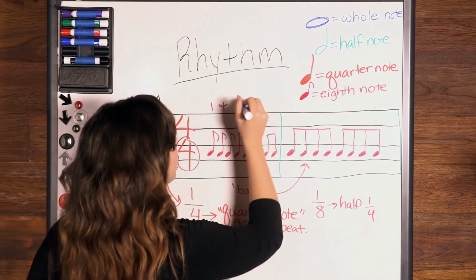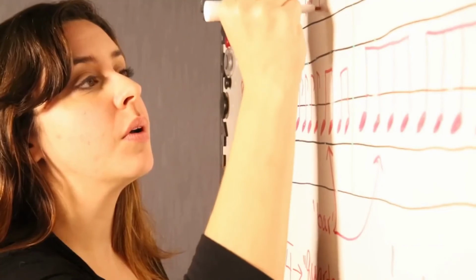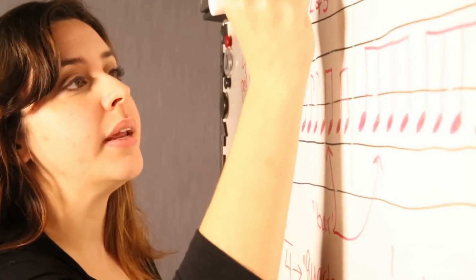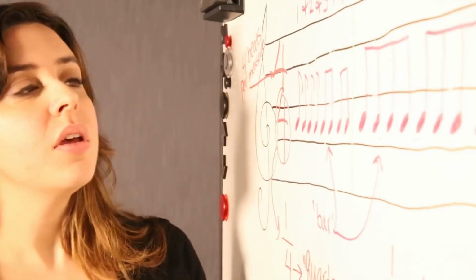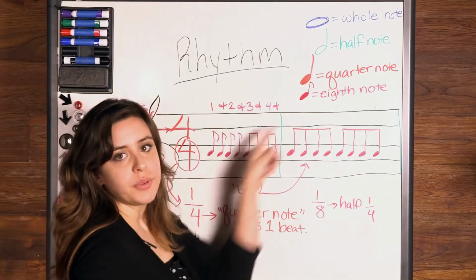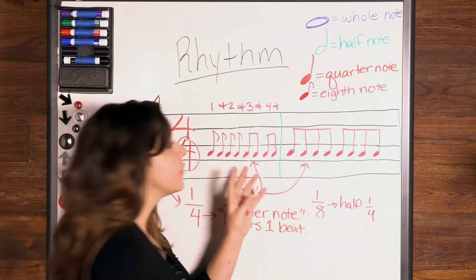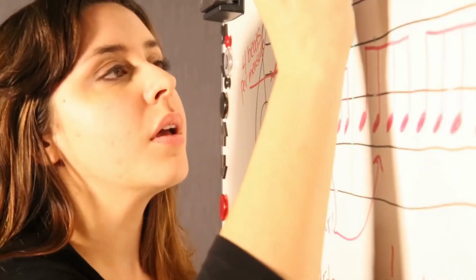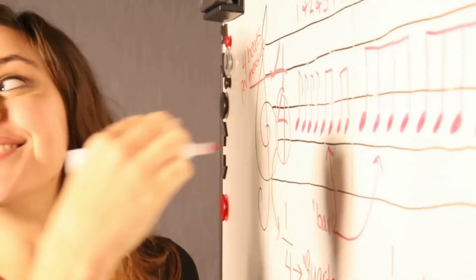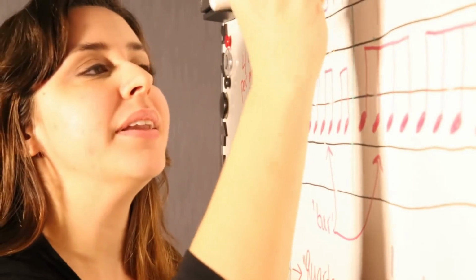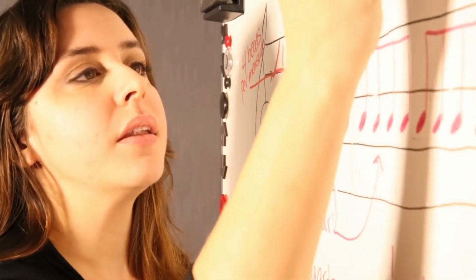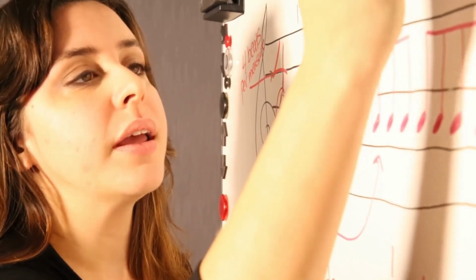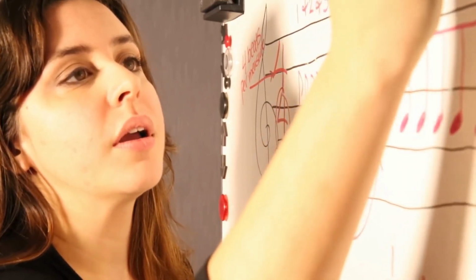So you have 1 and 2 and 3 and 4 and, this is just a little ampersand for anybody who's wondering. And then when you get to here, you start over. You say 1 and 2 and 3 and 4 and.